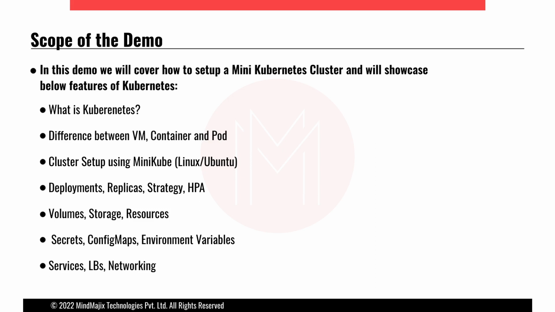Then we'll talk about virtual machines, containers, and pods, how the evolution happened, how applications were deployed earlier and how they are deployed now, and how the container and pod concepts have revolutionized microservice application deployment, as well as what kind of cost optimization and security we got once Kubernetes came into the picture.